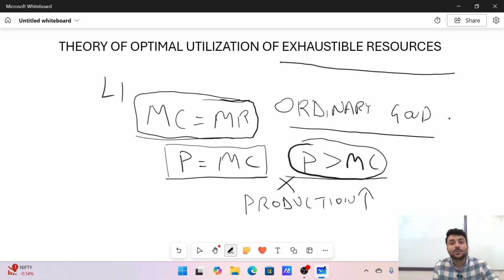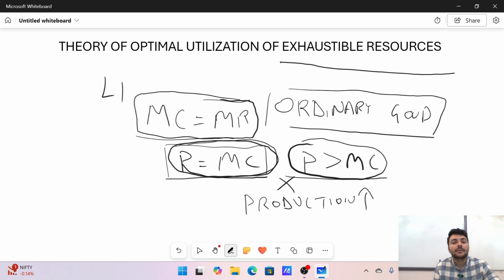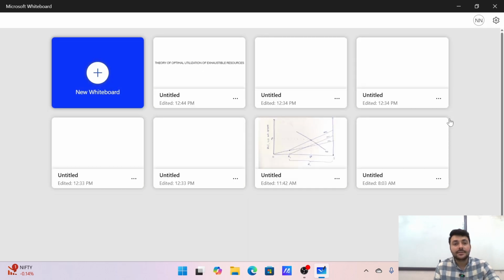And these are the resources which cannot be reproduced like ordinary goods. So we have to modify the standard theory a little bit so that we can understand the theory of optimal utilization of exhaustible resource. So let's understand the theory.